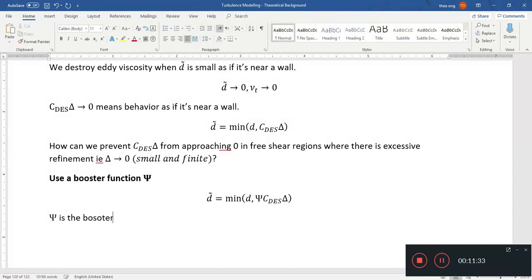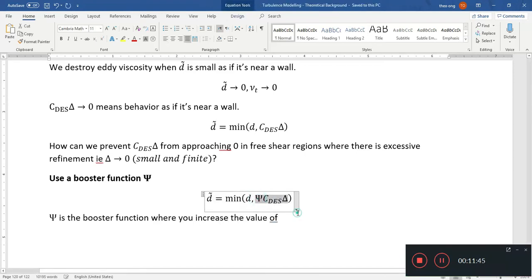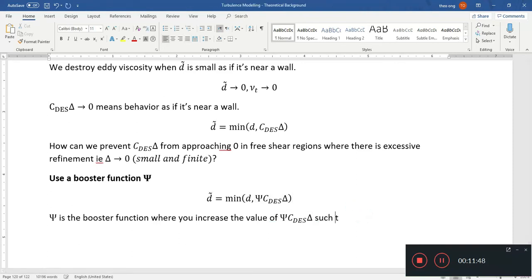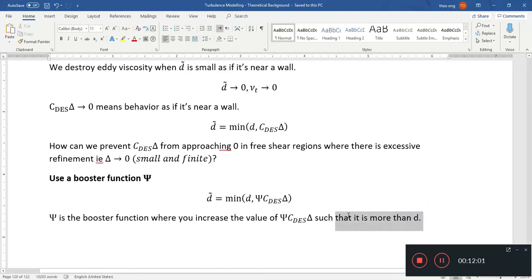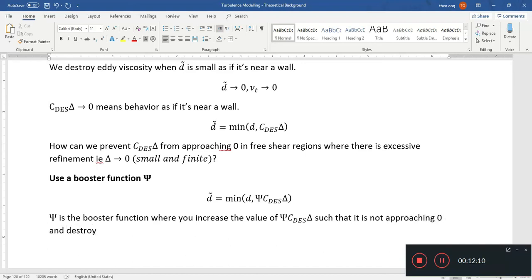Psi is the booster function where you increase the value of this such that it is not approaching 0 and destroys eddy viscosity as if it were near a wall.